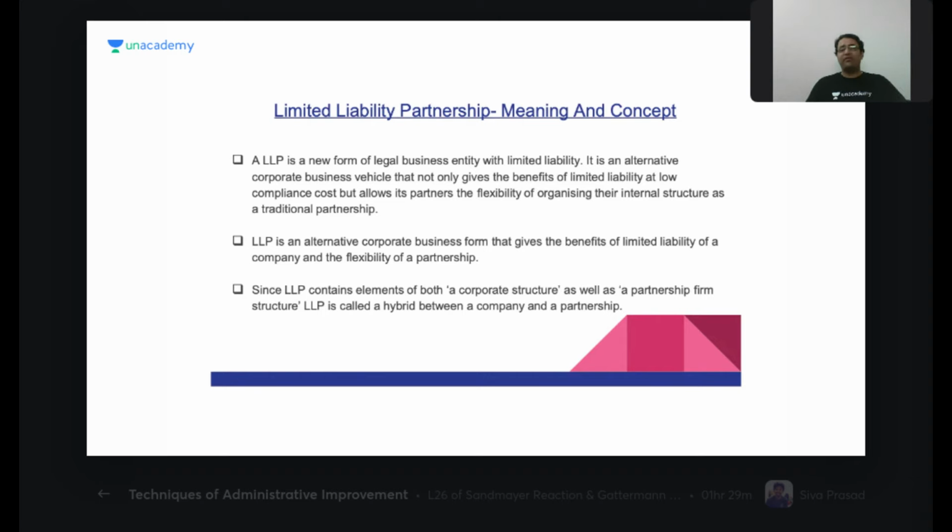So we've taken the best of both worlds. We've taken a few features from the corporate world and a few features from the partnership world, combined them together, and formed the Limited Liability Partnership Act 2008.